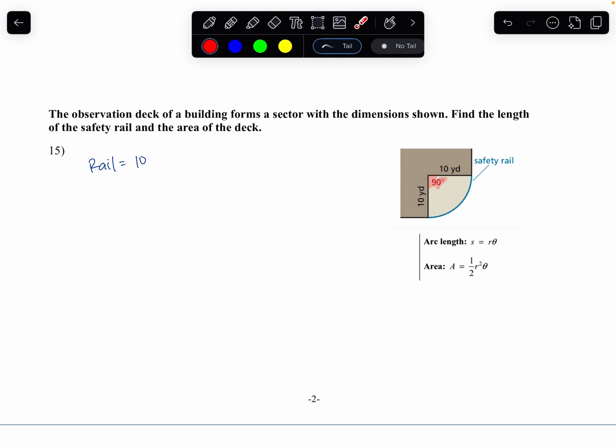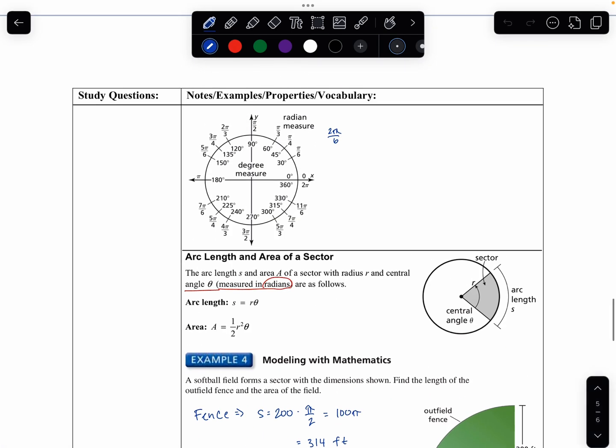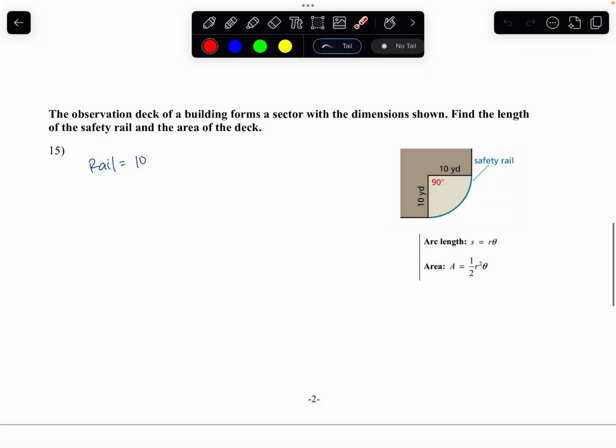So I actually have to convert that. If you remember, 90 degrees is equivalent to pi over 2 radians. So 10 times pi over 2 is going to be equal to 5 pi. Now 5 pi is equal to about 15.71 yards.